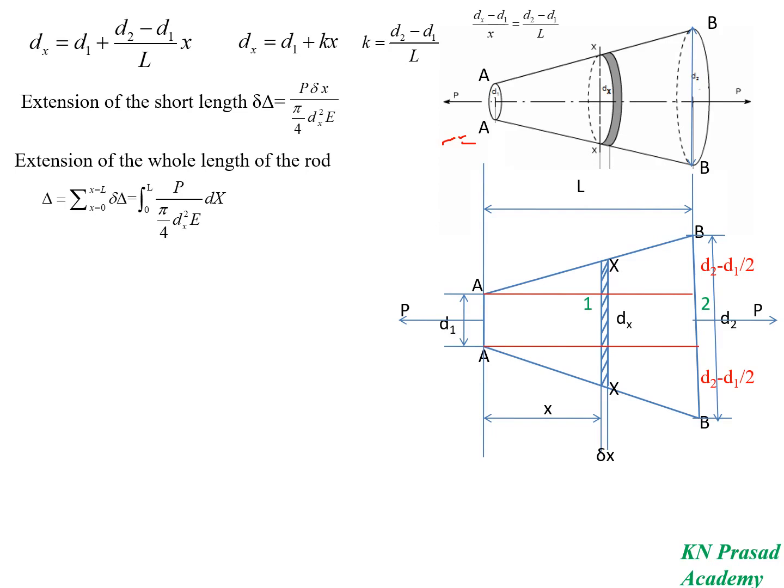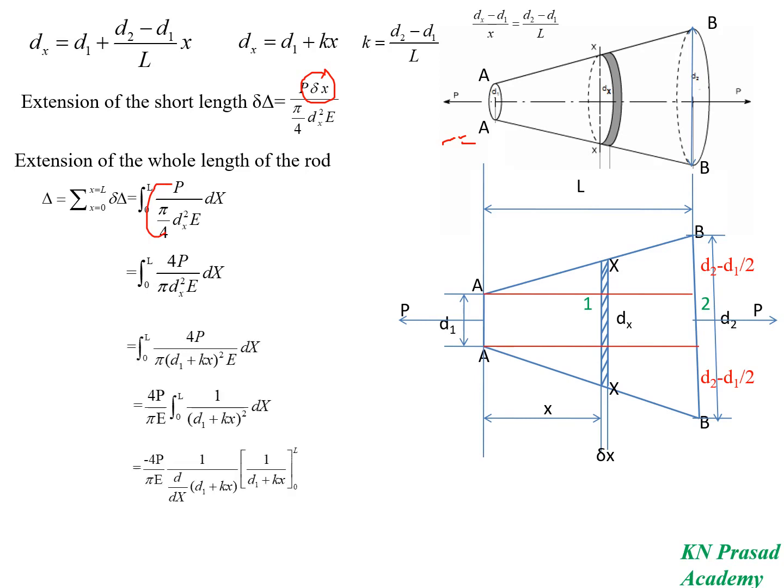Then delta is nothing but the integration from 0 to L of P by pi by 4 dx square E, with dx. Writing this equation once again, 4P by pi dx square E dx.